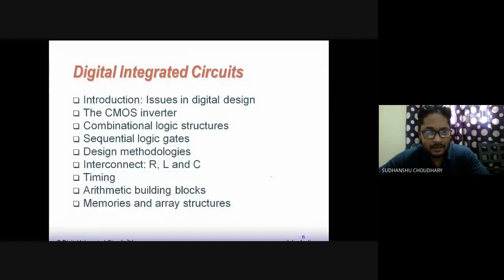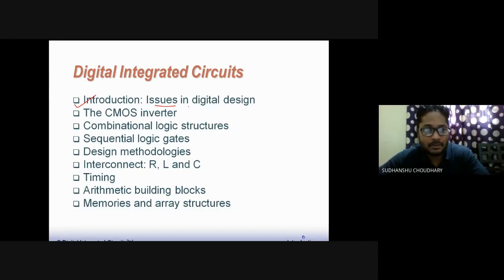Then let us talk about how we will go ahead in this course. As I said, we will generously follow this textbook, and in the first few lectures we'll talk about the introduction. In the introduction to digital ICs, we will talk about the existing issues in digital design. What are the problems in digital design?